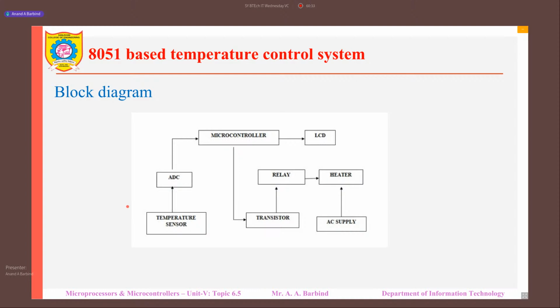Not only a temperature sensor, one can be a pressure sensor, one can be a level sensor, and like that. But the overall interfacing connections of that complicated system will be very similar to this one.